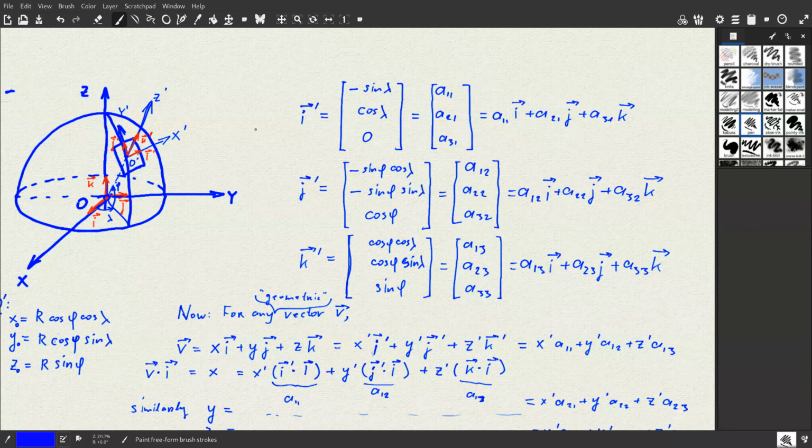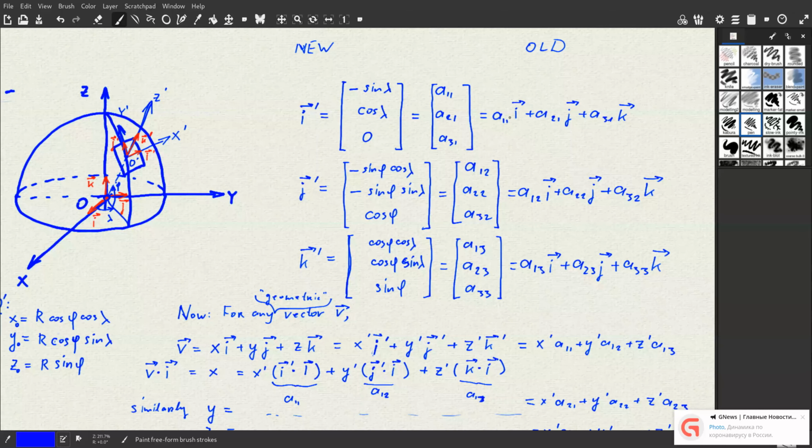We provided expressions of normal vectors in the new coordinate system. So i prime, j prime, k prime are new, and i, j, k are old. We're expressing new normal vectors via old ones, but you will see that eventually we'll arrive at formulas the other way around, giving us old x, y, z in terms of new x prime, y prime, z prime.